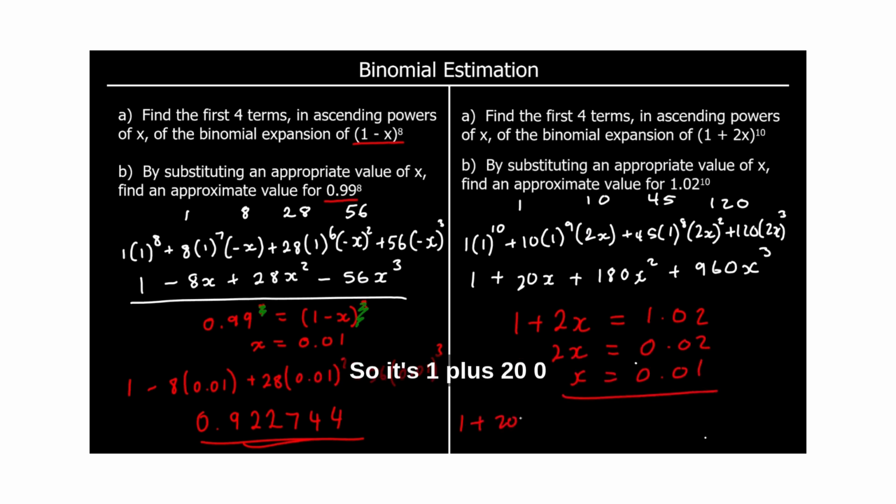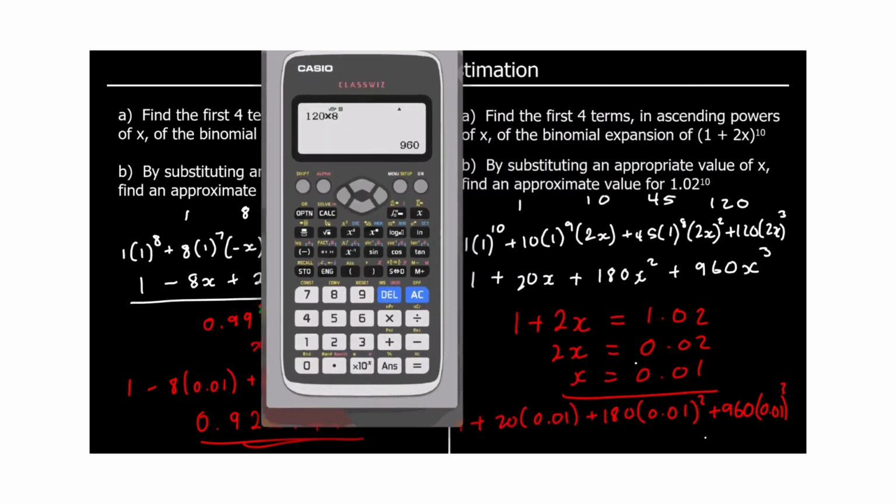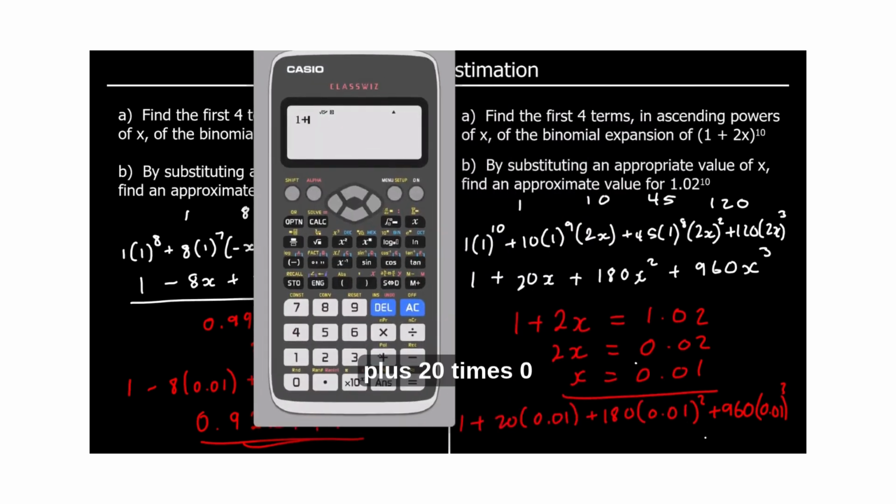So it's 1 plus 20 times 0.01 plus 180 times 0.01 squared plus 960 times 0.01 cubed.